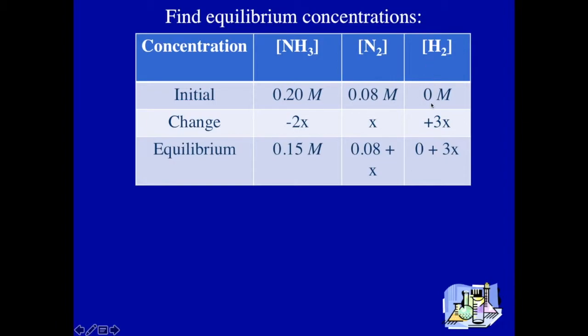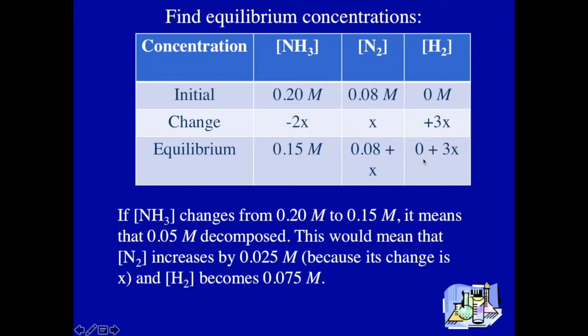And then for hydrogen, for every 2 moles of ammonia that decompose, I get 3 moles of hydrogen. I start out with 0. Whatever the amount is that ammonia decomposes, I'm going to get basically a half of the amount of nitrogen and then 3/2 of the hydrogen, if that makes it any more clear.